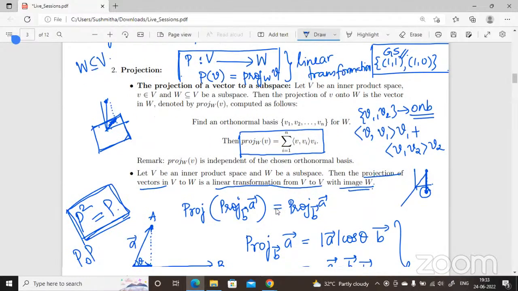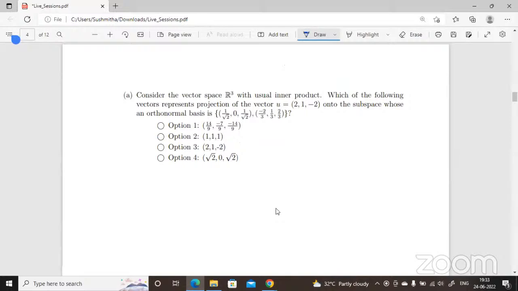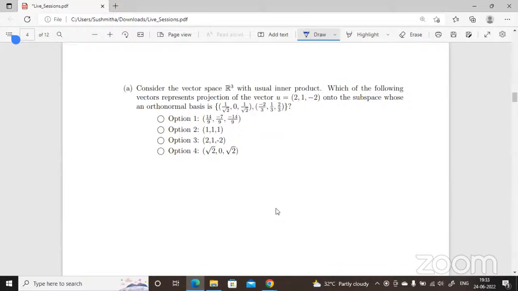Okay, so we have spoken a lot of theory. Is there any example? Consider the vector space R3 with the usual inner product. So this is an inner product space. Which of the following vectors represents the projection of this vector onto the subspace whose orthonormal basis is this?